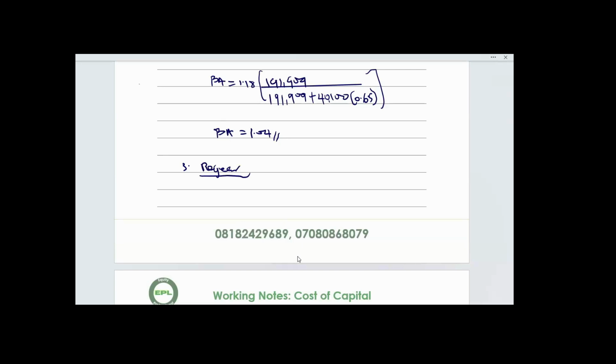So we regear to incorporate the financial risk of Kilimanjaro. Because debt beta is assumed to be risk-free, to regear, beta equity of a geared company is equal to beta assets in step 2 multiplied by 1 plus 1 minus tax, times the debt equity proportion of Kilimanjaro. That is the formula we are expected to use.